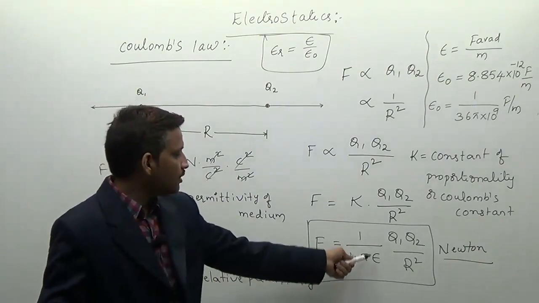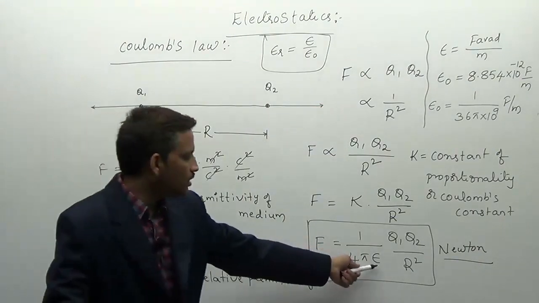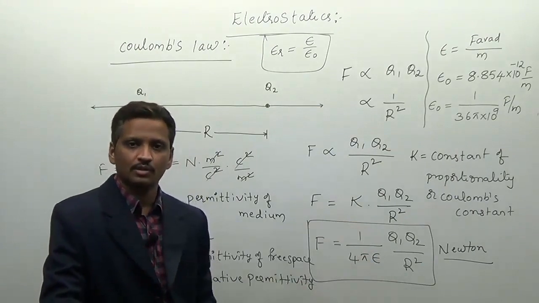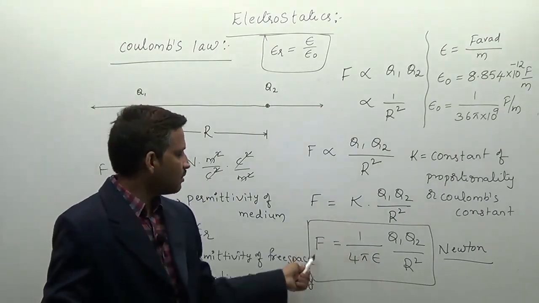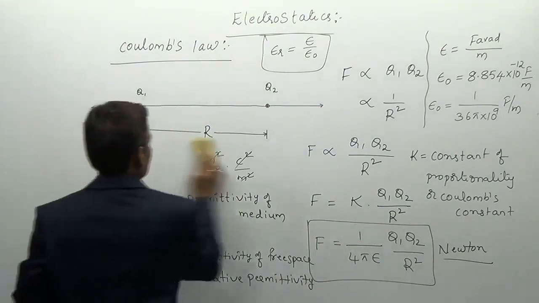So this epsilon, we can write as epsilon equal to epsilon naught into epsilon R. That is going to give us the final expression for Coulomb's law. In free space, F equals 1 by 4 pi epsilon naught into Q1 Q2 by R square.